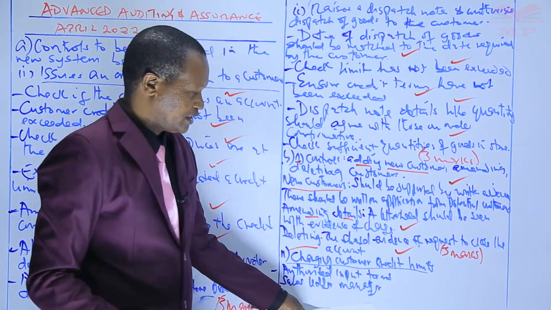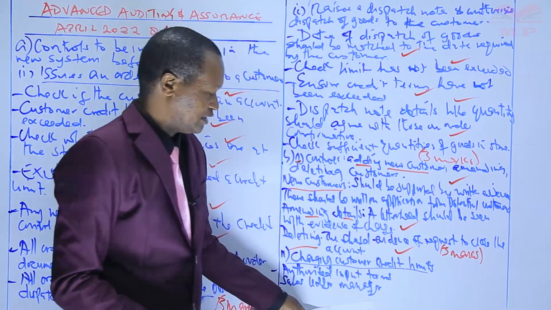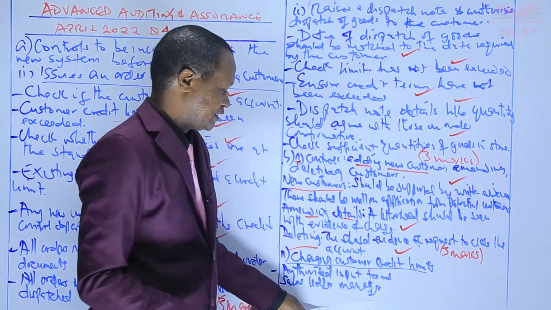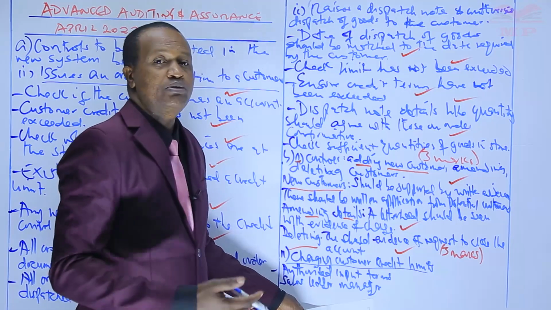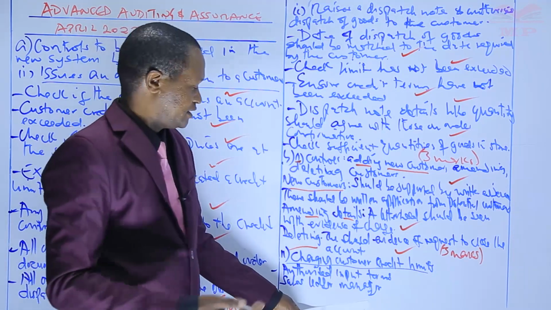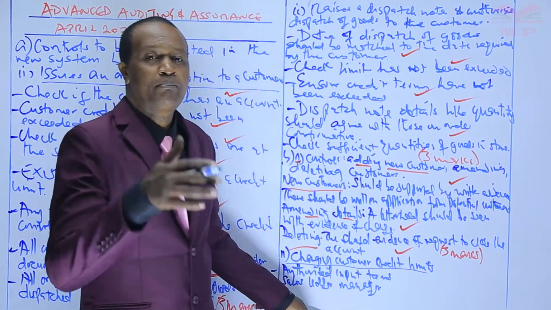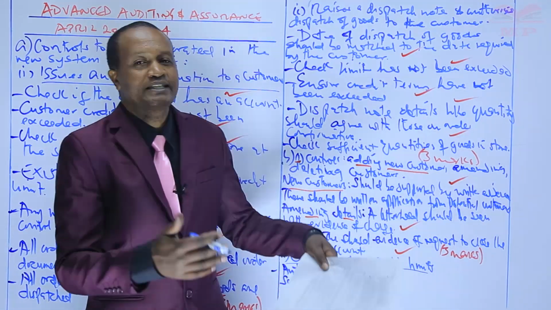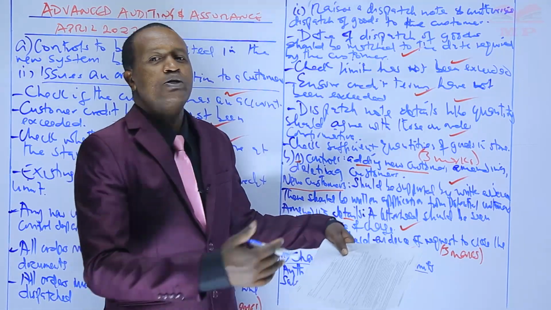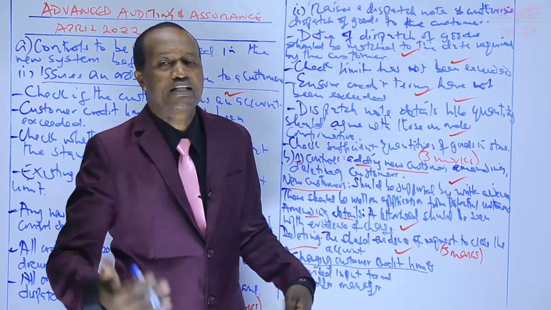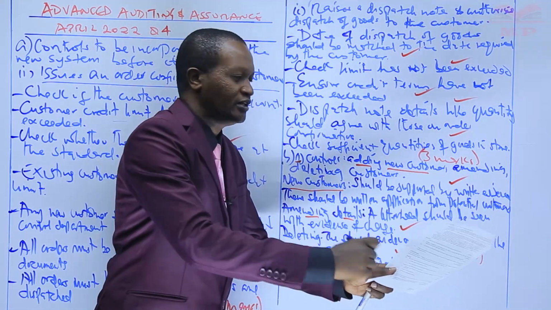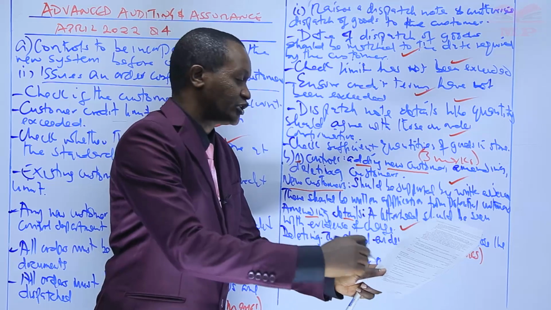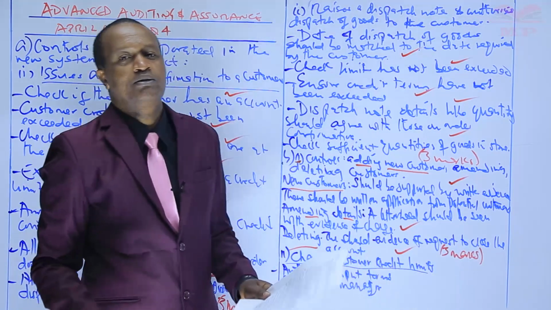It should not be made by clerks or junior officers in the department. Changes to customer credit limits should be authorized by the sales ledger manager, who should sign that he is authorizing the change to the customer credit limits.